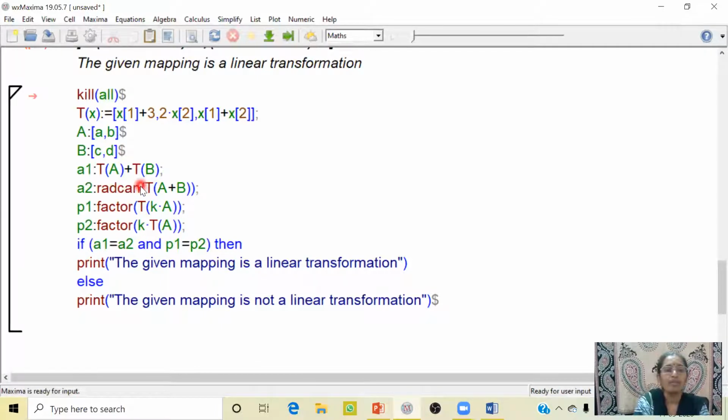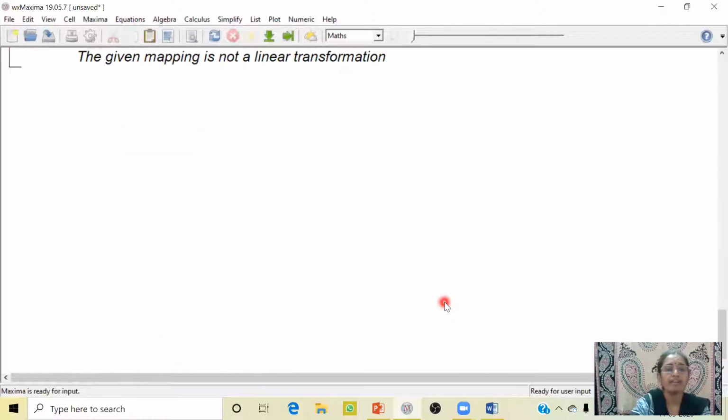Suppose if you remove this radcan, and here the factor commands, both in P1 and P2, if you remove the factor commands, and now let us execute and see using shift enter.